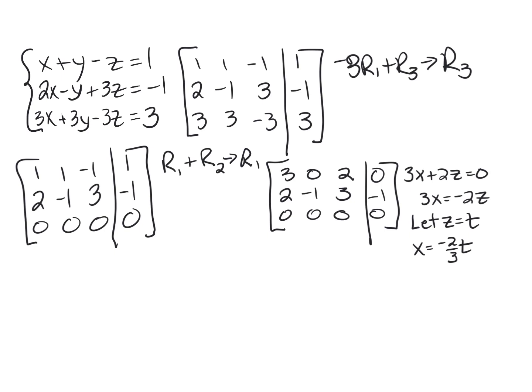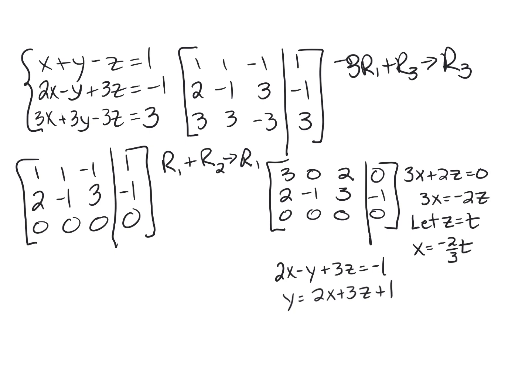Now look at row 2. 2x minus y plus 3z equals negative 1. Now I see how I've solved for x here and I've solved for z here. It's easiest right at this point to isolate that y, especially since there's no fractions. So y equals 2x plus 3z plus 1.